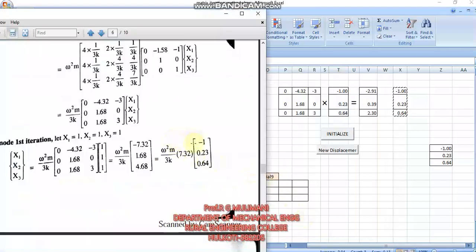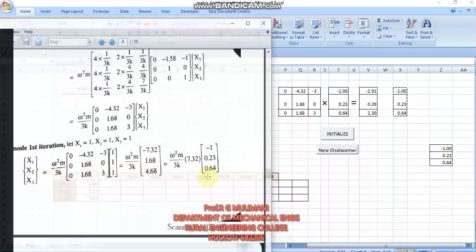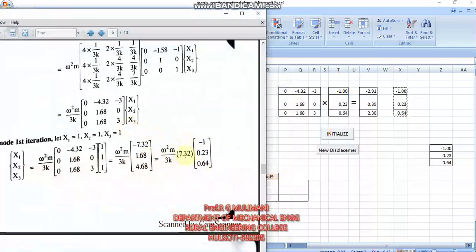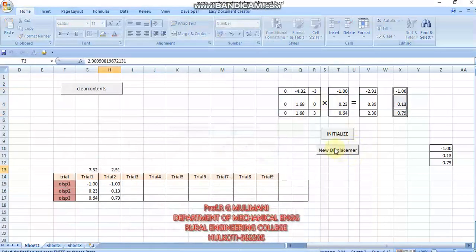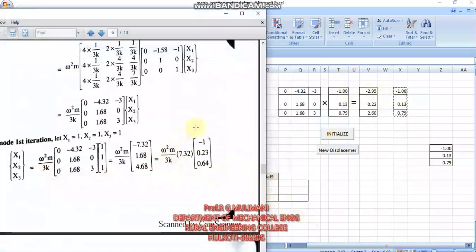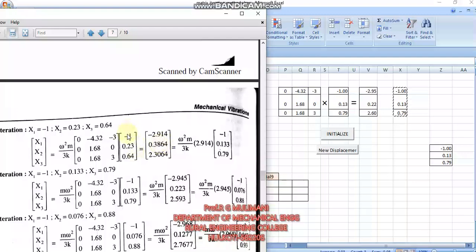You can check here: minus 1, 0.23 and 0.64. What is taken outside is 7.32. Okay, similarly, for the next iteration, we have taken minus 1, 0.23, 0.64 as the new displacements.